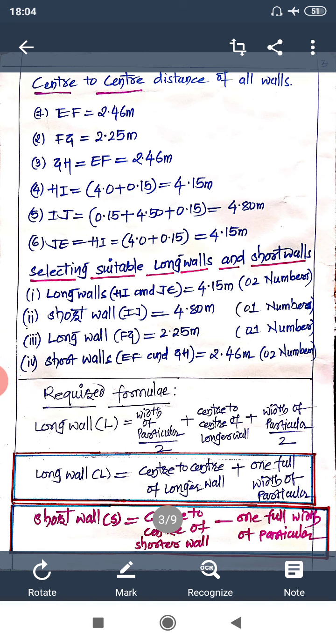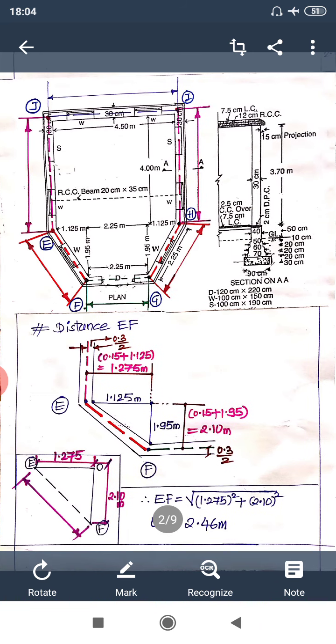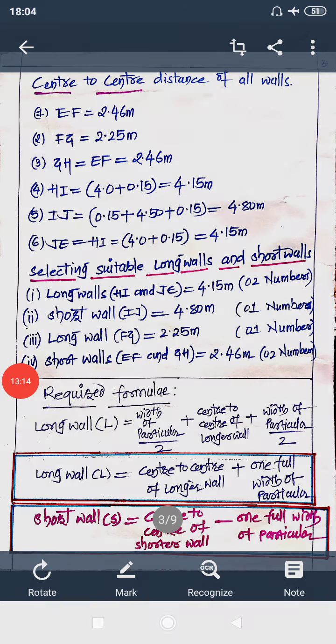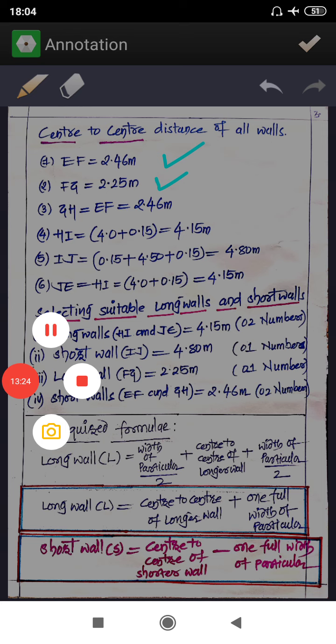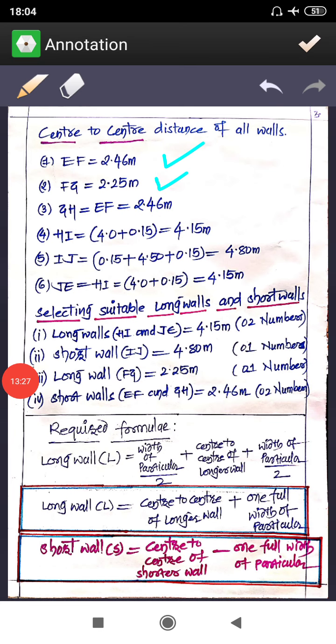See, I have written the center to center distance of all the walls here. EF is equal to 2.46. FG is equal to 2.25. Then GH is equal to EF, that is 2.46. HI is equal to 4 plus 0.15, that is 4.15.